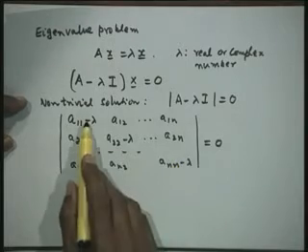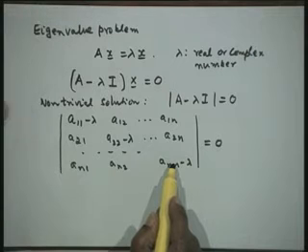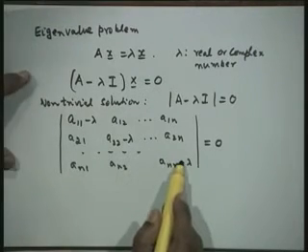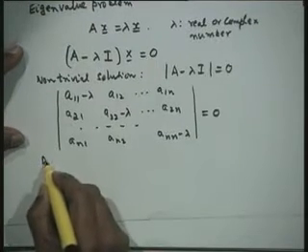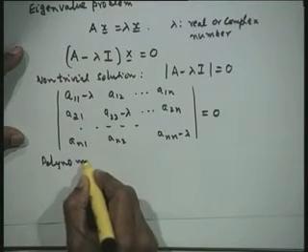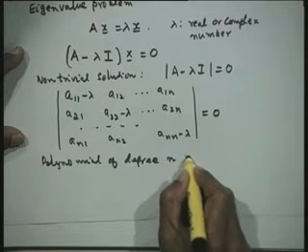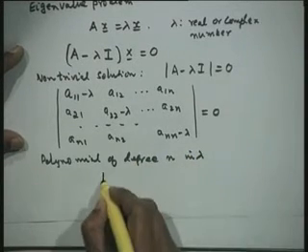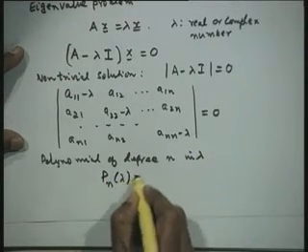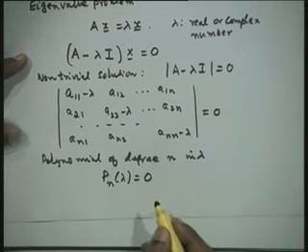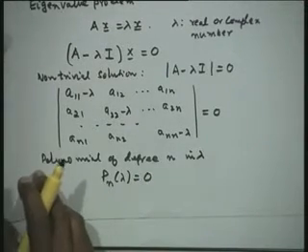Now, I can expand this determinant. There is lambda in each of the diagonal elements, therefore, it will give me a polynomial of degree n in lambda, which we can write as a polynomial of degree n in lambda equal to 0. We have discussed earlier the methods for finding the roots of a polynomial.